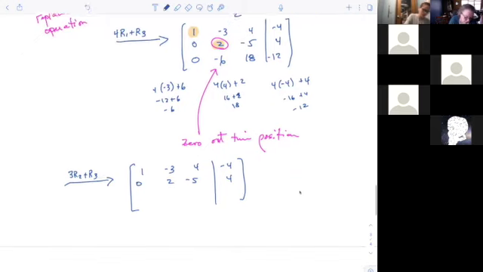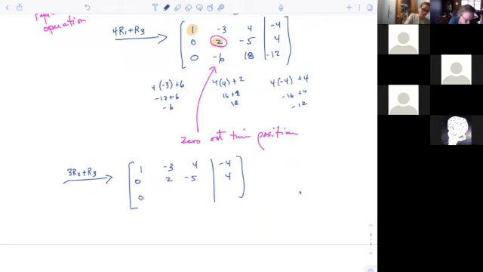Row 3 is going to be 0, 0, and then 3 times row 2, so 3 times -5 plus 18. That's -15 plus 18 gives me -3 there. And then in our last position, we've got 3 times -4 minus 12. So I got -12 minus 12, -24.